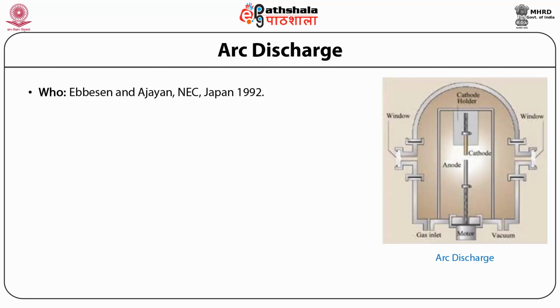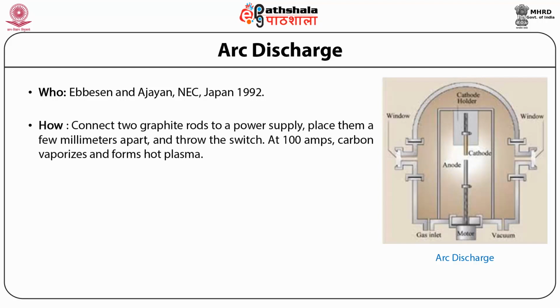In this case, we have to take two graphite rods. One graphite rod can be sharpened for better current density, placed together a millimeter apart, and a DC plasma is applied so that carbon will vaporize and form hot plasma, and at the cathode the deposition of soot and carbon nanotube takes place. This needs around 100 amperes current and a few volts, like 10, 20 to 30 volts.